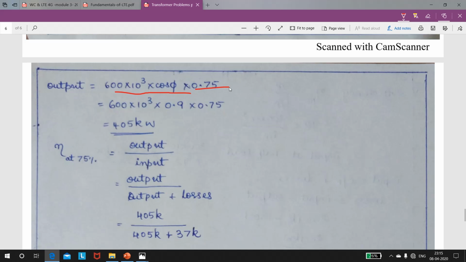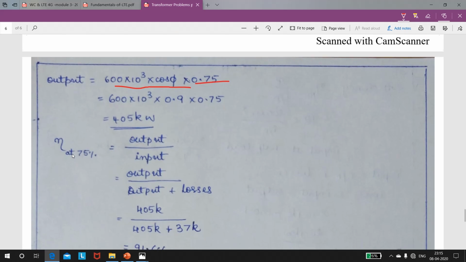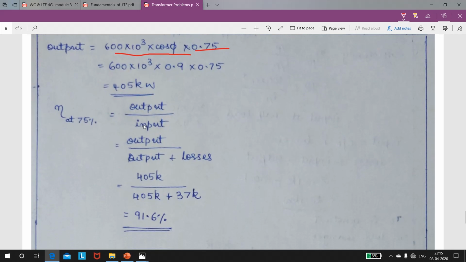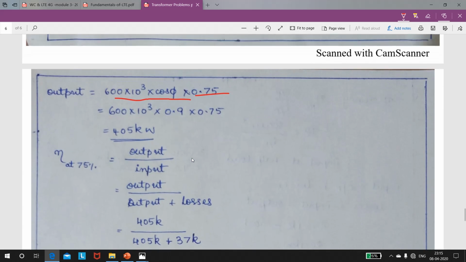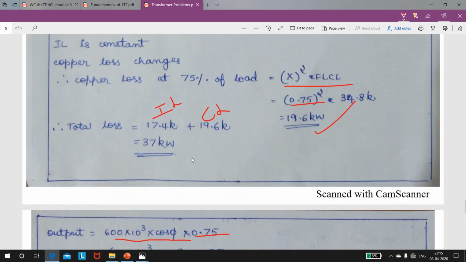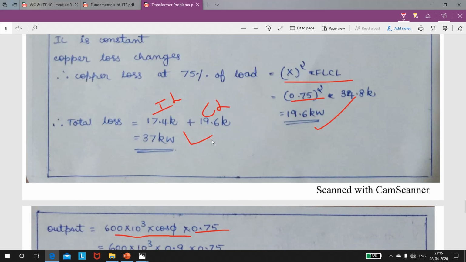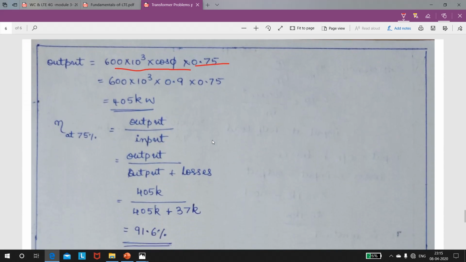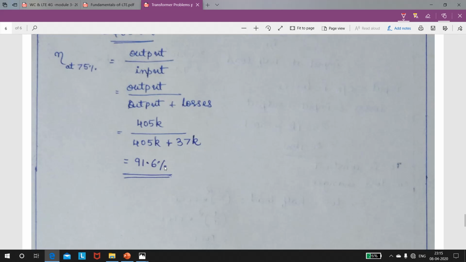That will give you the output. So you can substitute that in the efficiency equation. Input is nothing but output plus losses, so output 405 kW plus the losses that you calculated here. Substitute that and you will get the efficiency for 75%.